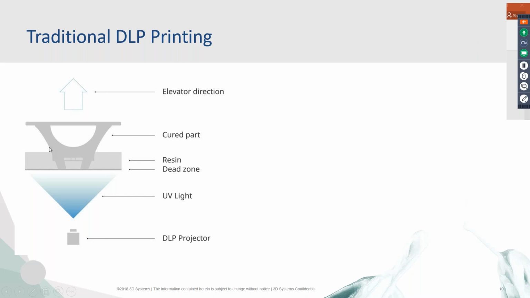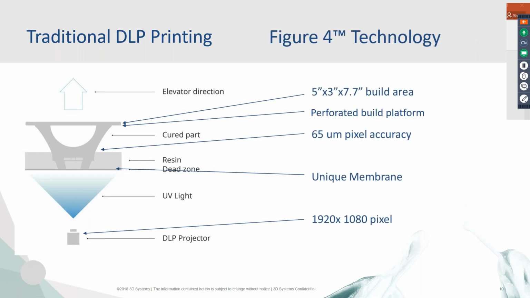So in traditional DLP printing, you can see the build platform, and it's top down, and you can see the projector, and it shines the light onto the build plate. And this is the resin, where the resin is held. Now with the Figure 4 technology that I showed you just that quick video of, and the new Nextdent printer, it's a 5x3 by 7.7 build area.